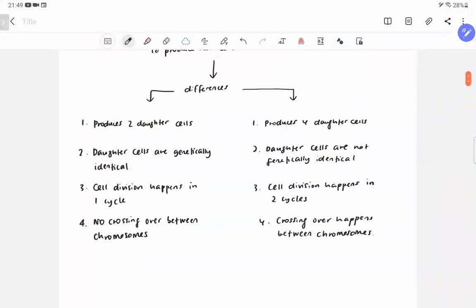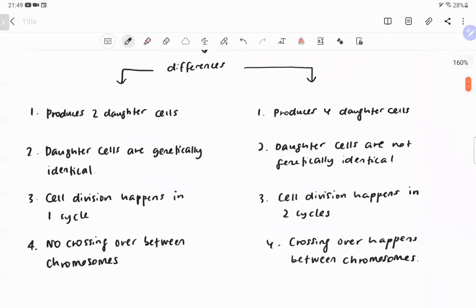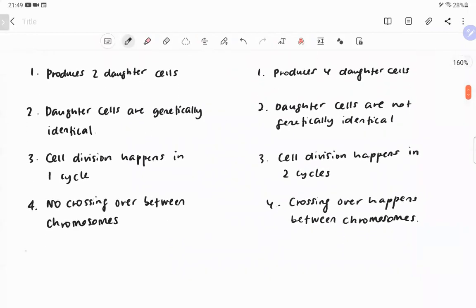So we got one more to go. We have 4 differences already. You need one more to go. Let's see if I can think of another one, if I can recall back. Oh, yes, of course. Okay.